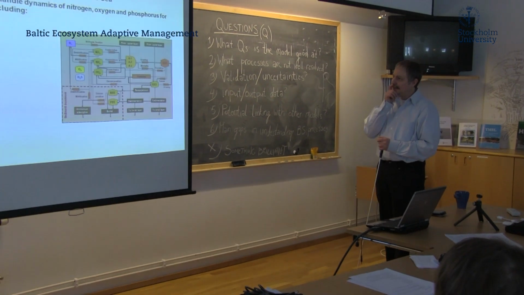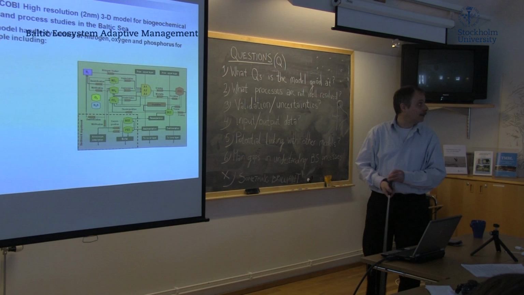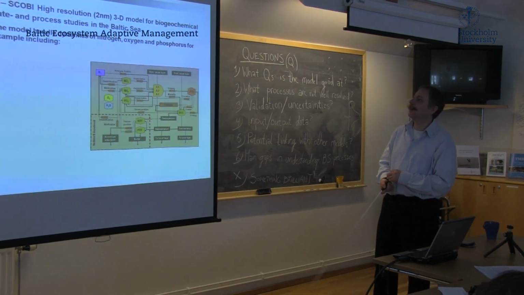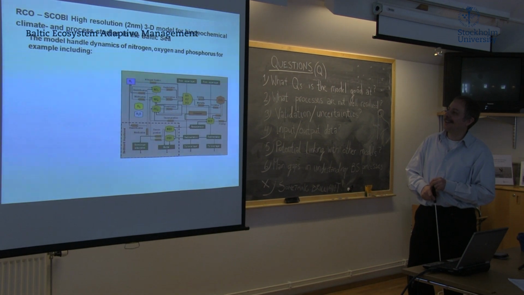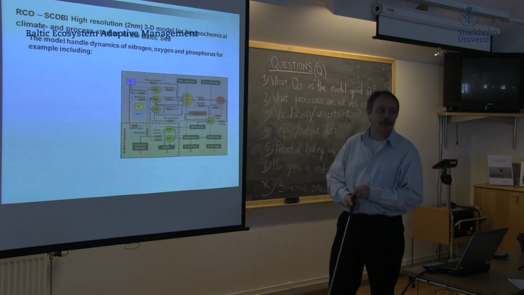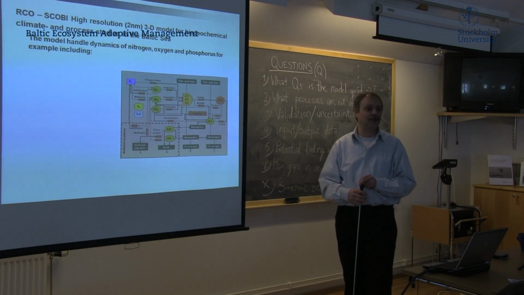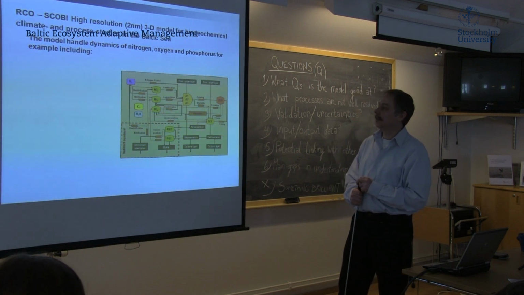Okay, so these were the processes in principle included in our model, and now I would like to take the last 3 minutes or 4 minutes, maybe 5, to introduce the model. It's called RCO-SCOBI. It's a typical biogeochemical model, so there's not really something special. Very many other models are working on the same principle.